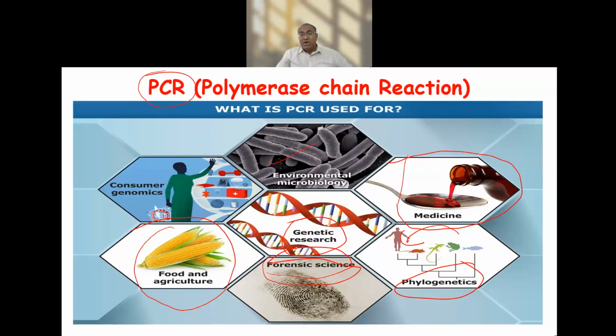We call it polymerase chain reaction. Now see here the consumer genomics. Now I need genomics and I'm going to use consumer genomics. So it means that this is the whole function of where I can use my PCR, polymerase chain reaction.